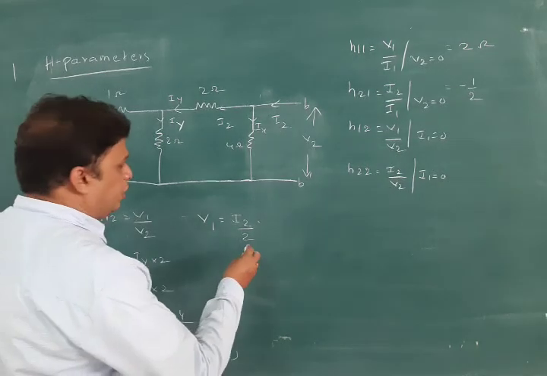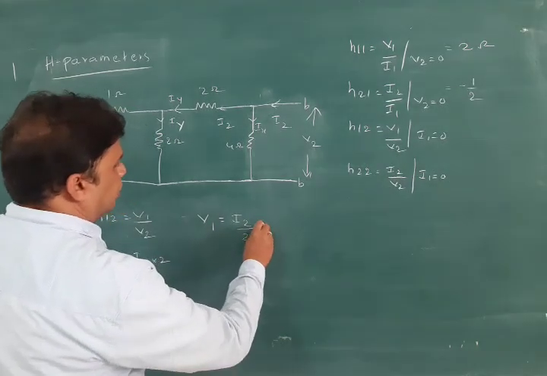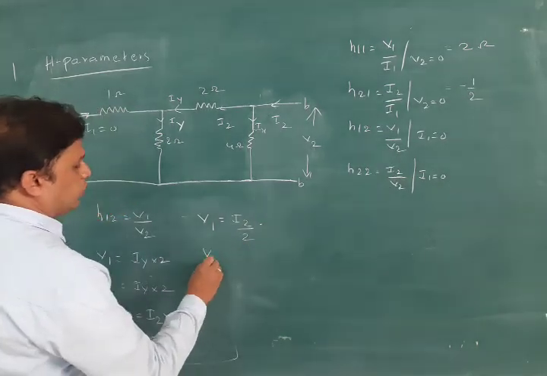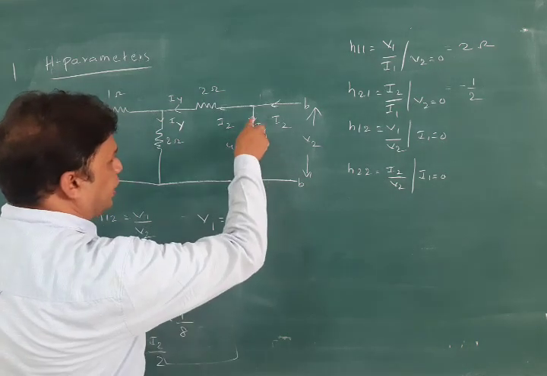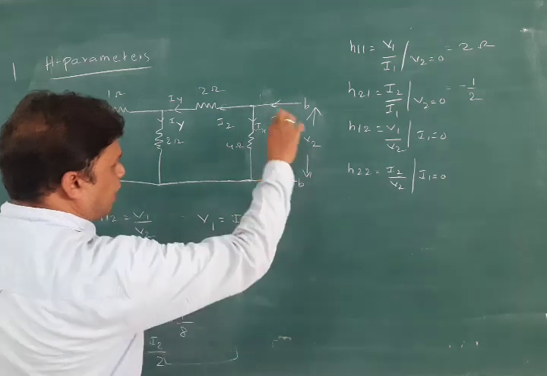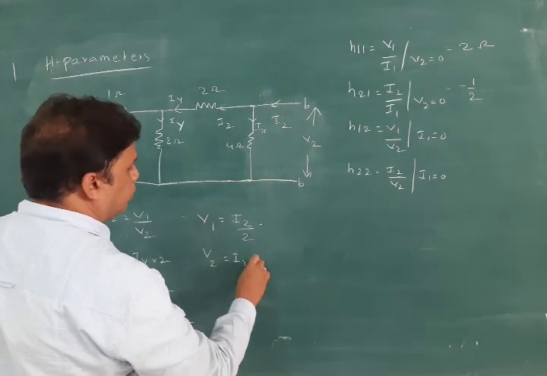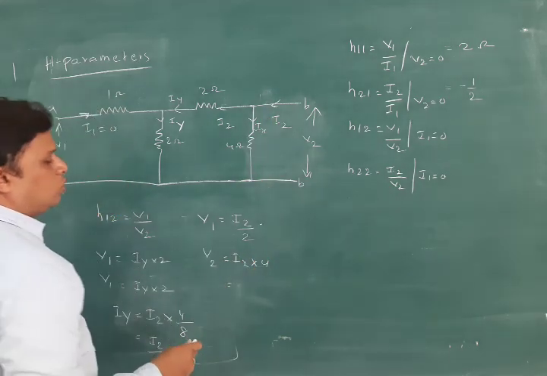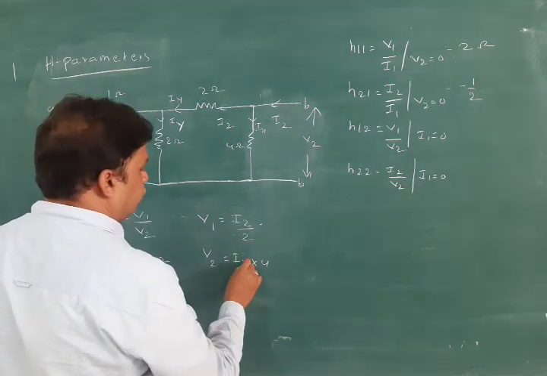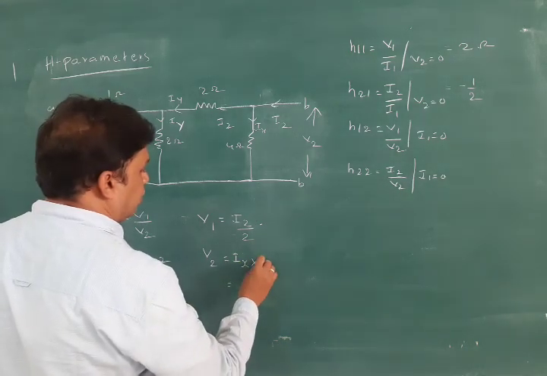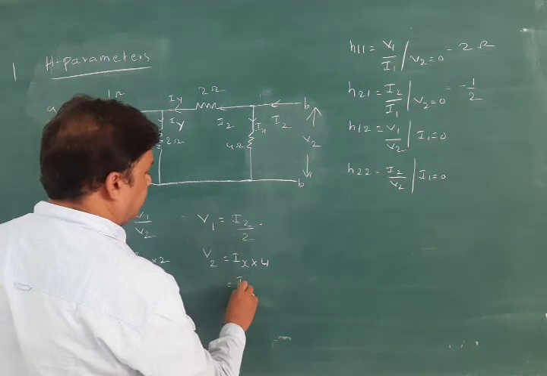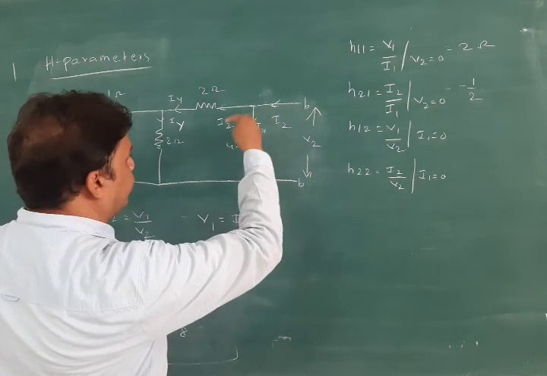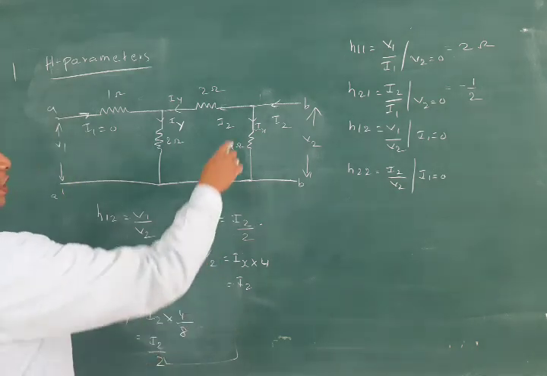V1 is equal to I2 by 2 into 2, and V2 is equal to Ix into 4, as this is also parallel. Ix is also the same thing, I2 by 2. Why? Because we have these branches.